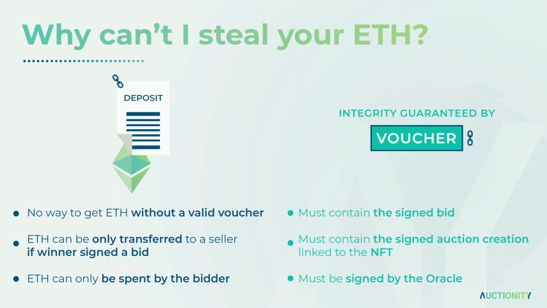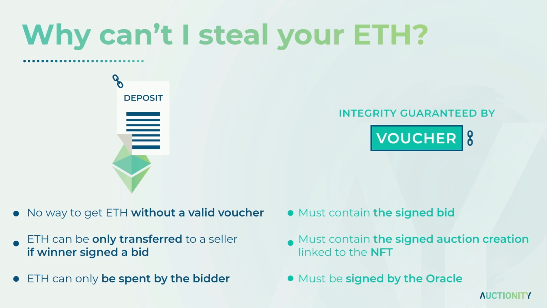Remember this transaction when the seller created a smart contract. He signed with his private key that he is ready to sell this contract. He decided all the parameters, he decided the token to be put on sale. So if there is no signed transaction, the voucher will not be valid.